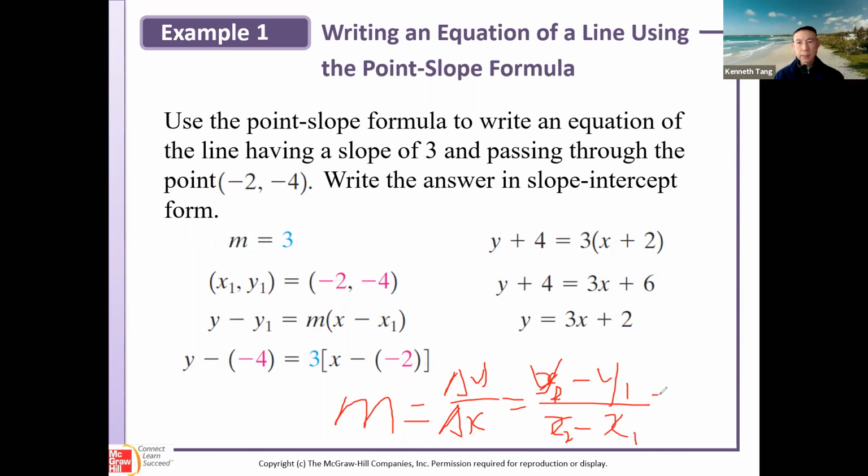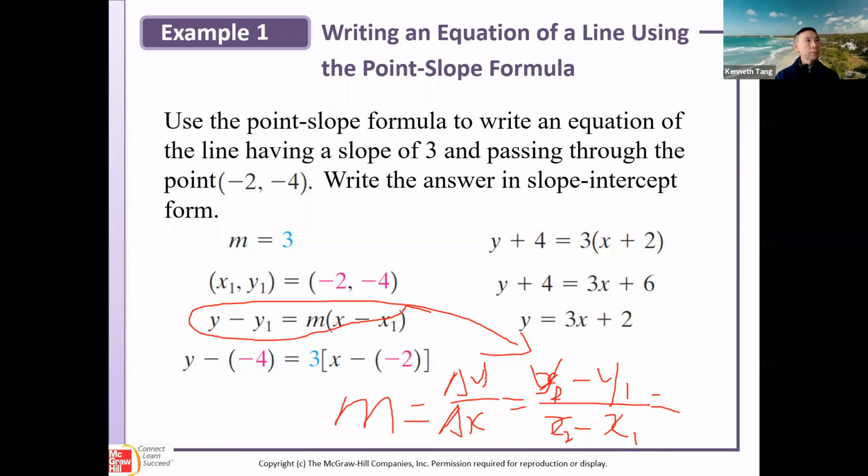Now you can just change that to y1 minus y over x1 minus x, and that's how you come up with that formula. So here you get y minus y1 equals m times x minus x1. Now you can just solve that into your y-intercept form.